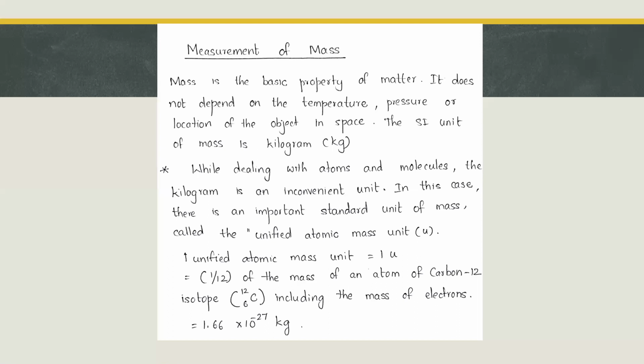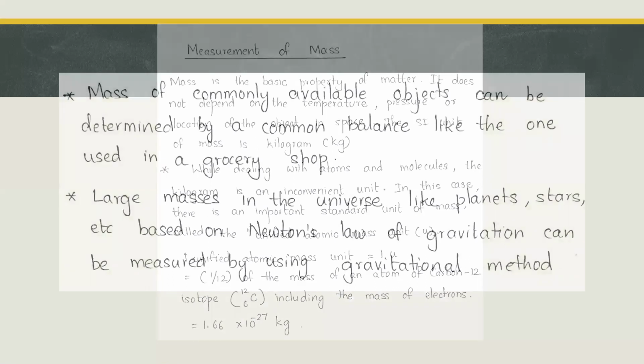In simple words, if you take a carbon isotope C-12 and measure its mass, one unified atomic mass unit is 1/12 of that mass. That is equal to 1.66 into 10 to the power of minus 27 kg.